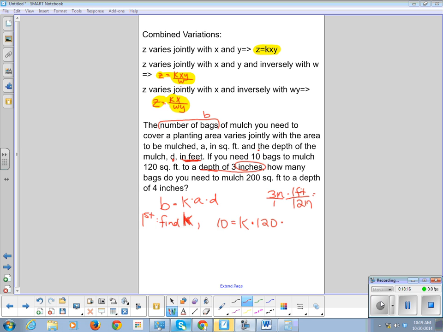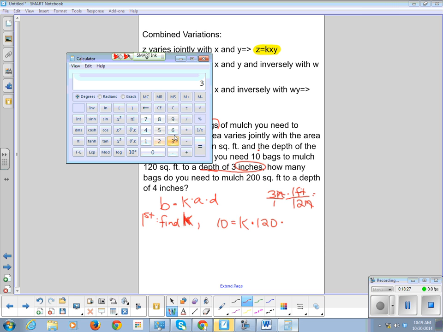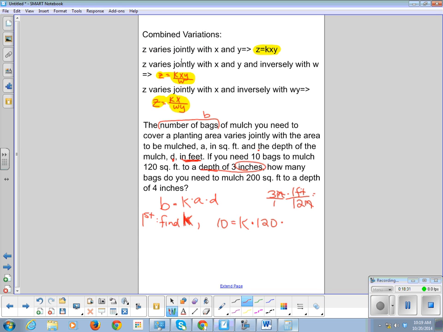So my dimensional analysis says inches cancels with inches. 3 divided by 12. I would like it as a decimal. It is 0.25, so we can say 0.25. All right, so we're going to solve for K. So K happens to equal 10 divided by 120 times 0.25.